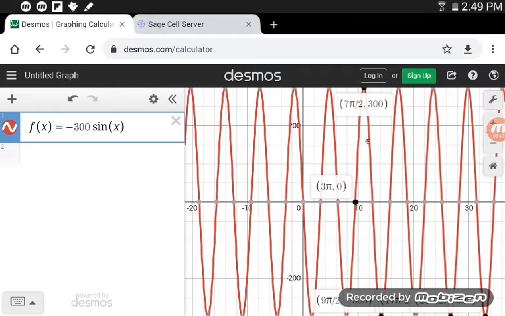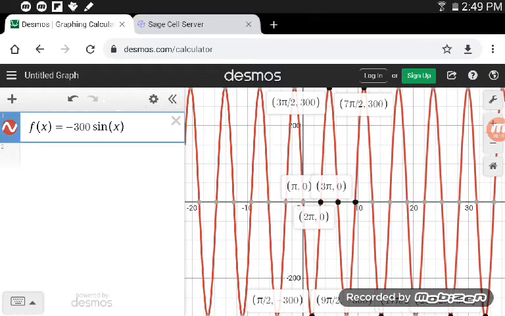Those are 7 pi over 2, 3 pi over 2, and this is pi over 2. So pi over 2, 3 pi over 2, and so forth is when it's biggest. That's when it's directly over the center. And then when it's the smallest, it's out at the edges, multiples of pi. And so that's what it's asking in C.